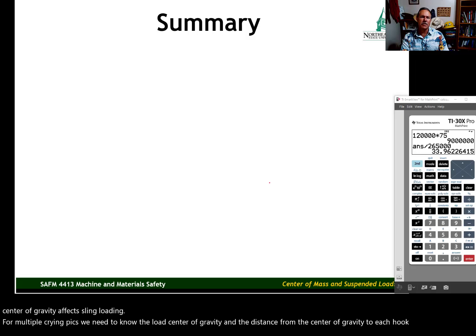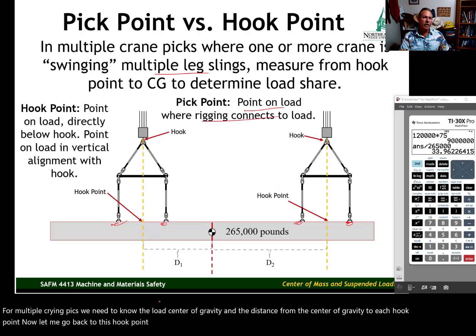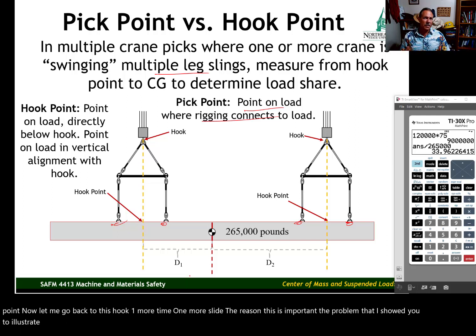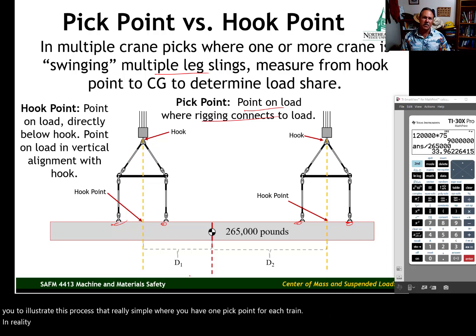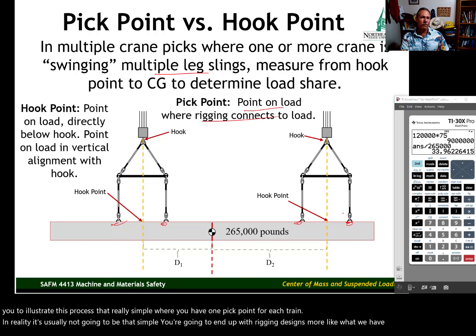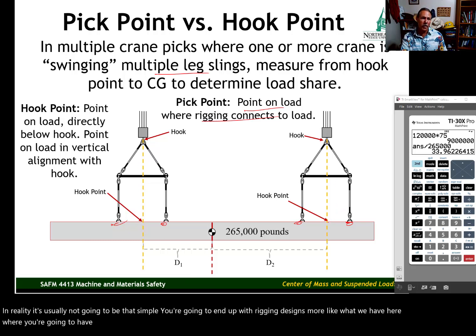Now, let me go back to this hook point one more time, one more slide. The reason this is important, the problem that I showed you to illustrate this process is really simple, where you have one pick point for each crane. In reality, it's usually not going to be that simple. You're going to end up with rigging designs more like what we have here, where you're going to have more concern about the hook point and how it affects loading than the pick point and how it affects loading.